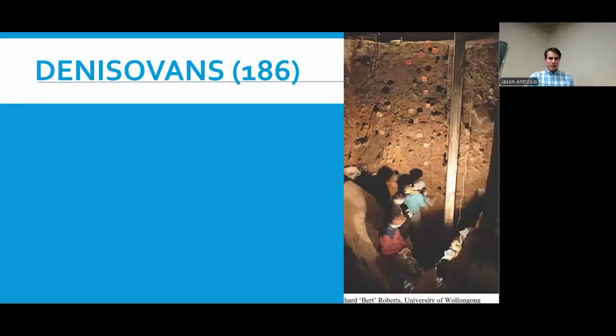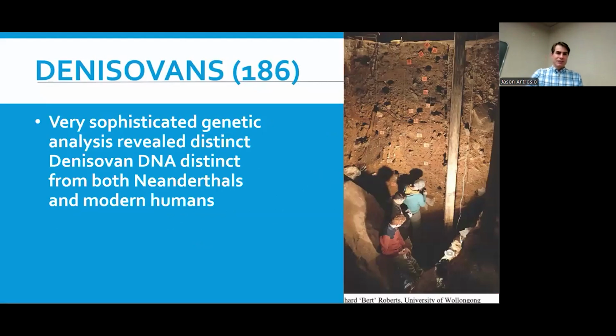In recent years, or at least in 2010, we found genetic evidence of a cousin group to the Neanderthals that we call the Denisovans. They are named because the bones that we got the genetics from were found in Denisova Cave in Siberia.